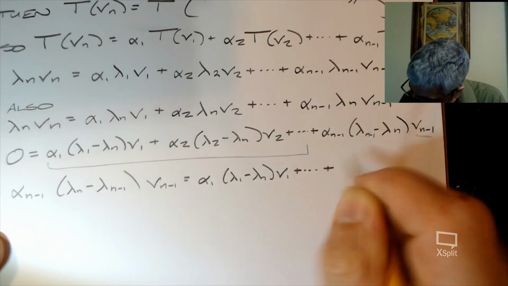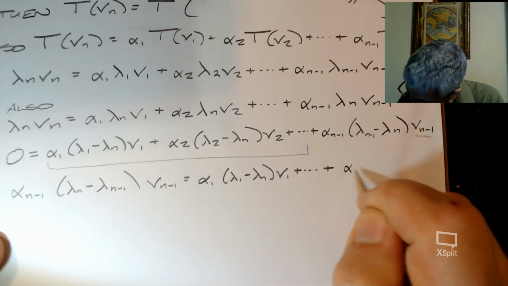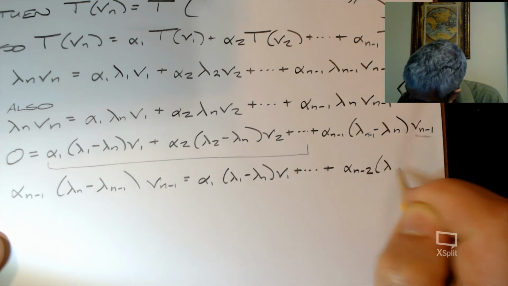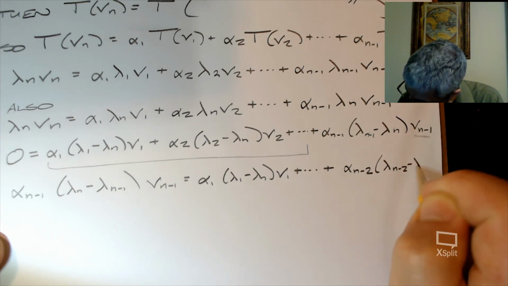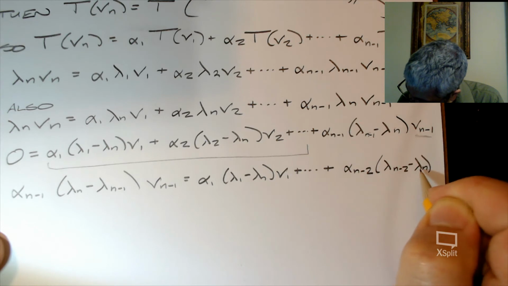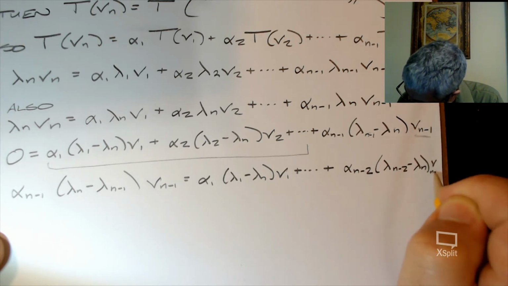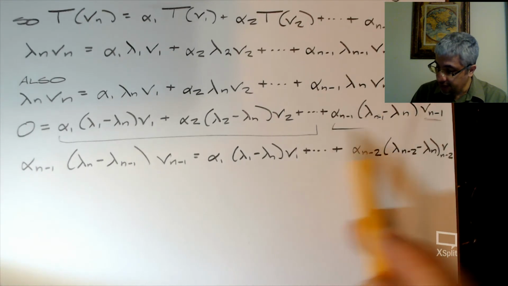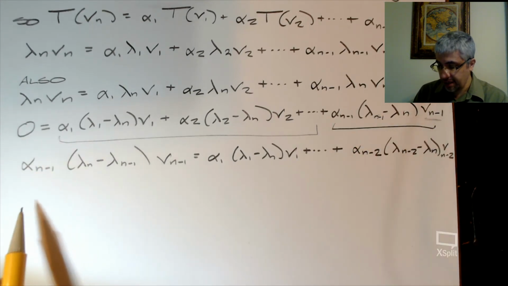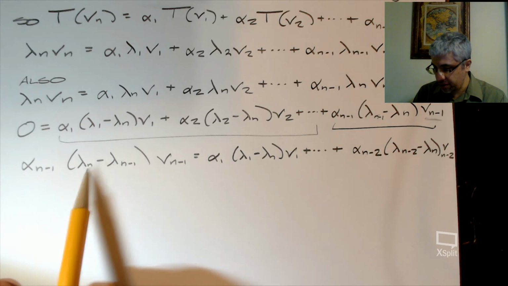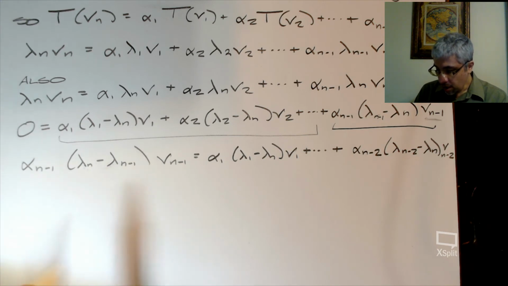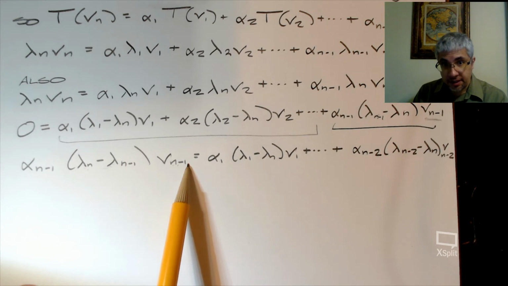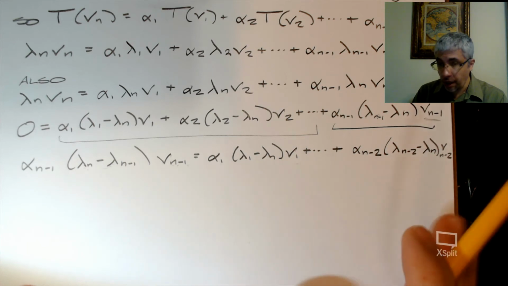And this goes all the way up to alpha n minus 2 times (lambda n minus 2 minus lambda n) v n minus 2. Sorry for squeezing that in there. But basically, the only thing I did is I took this and I moved it over to the other side. And instead of putting a minus sign, I just switched the order in which these two appeared. So we know that v sub n minus 1 is in the span of the vectors before it.